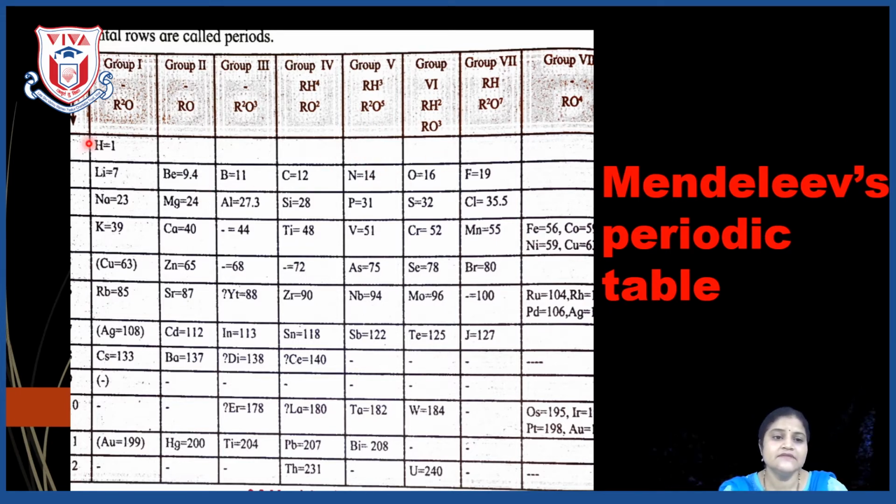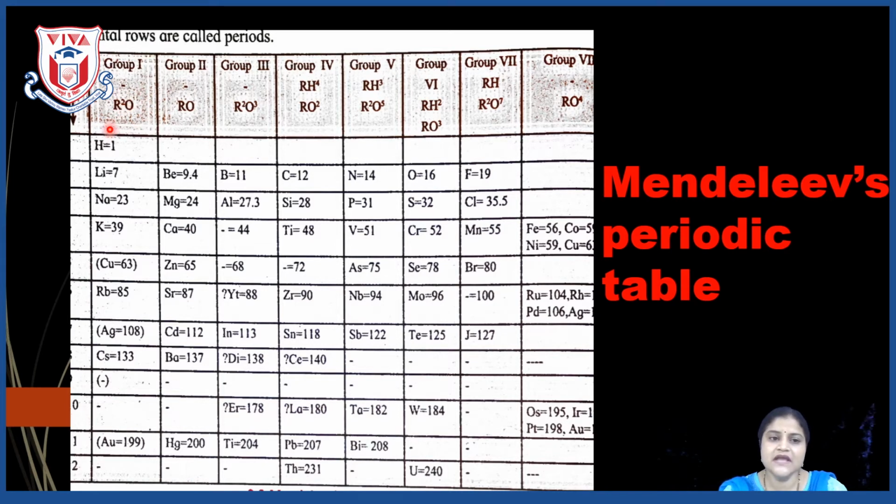If you see R2O, this is a compound formed by the element of group 1 and oxygen. Right now, we write the valencies below the elemental symbol, but during Mendeleev's time, the valencies were written at the top. Okay, this was a difference.